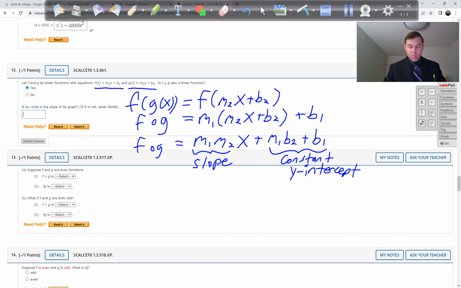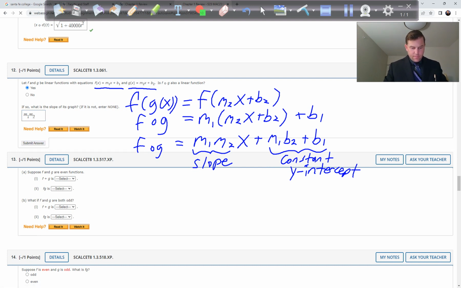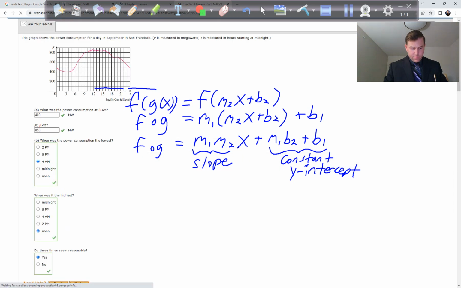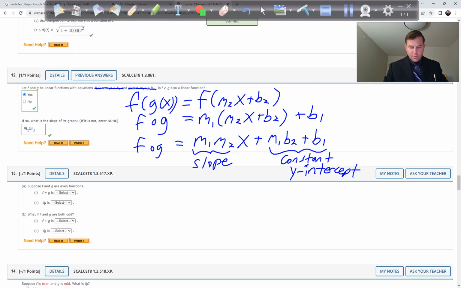And what is the slope of the new one? Now we got to be careful about this. How do we do subscripts here? m1 times m subscript 2. Okay, and that is problem 12.